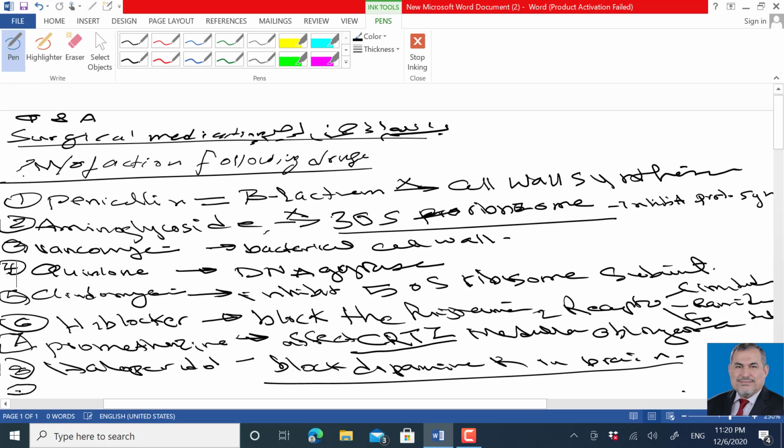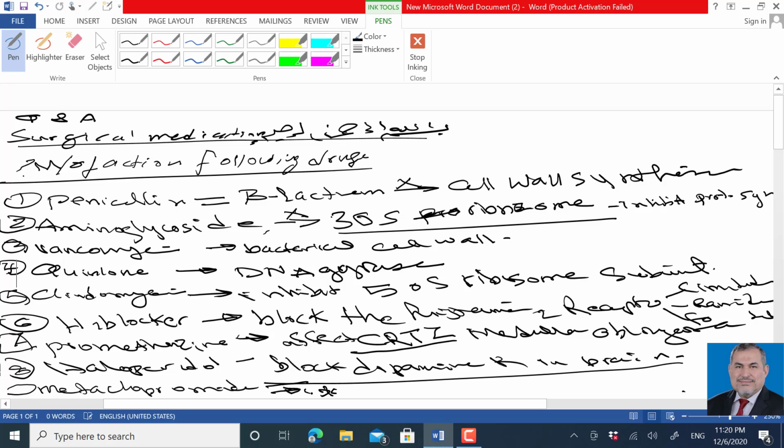Metoclopramide, which is Plasil, the trade name. What's the mechanism of action? It is an antiemetic. It's again a dopamine blocker but in the stomach.